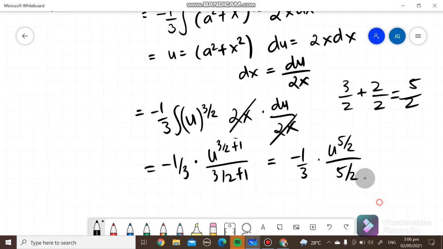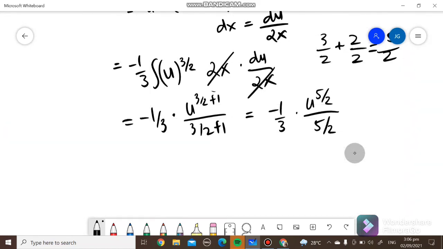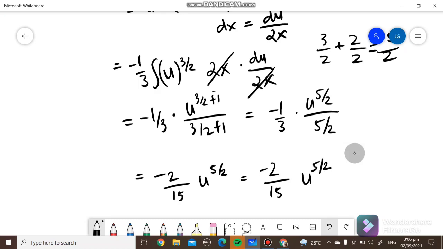So, upon simplification, we get a final answer of negative 2 over 15, right? 2 over 15 u raised to 5/2. So, what's the value of our u? We will have negative 2 over 15 (a squared plus x squared) raised to 5/2.